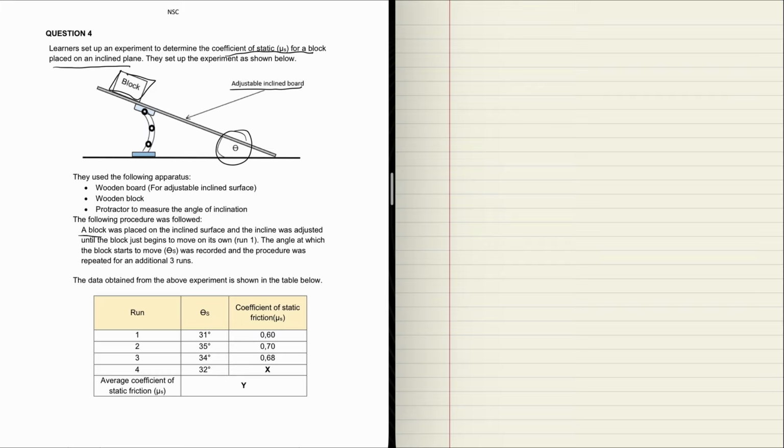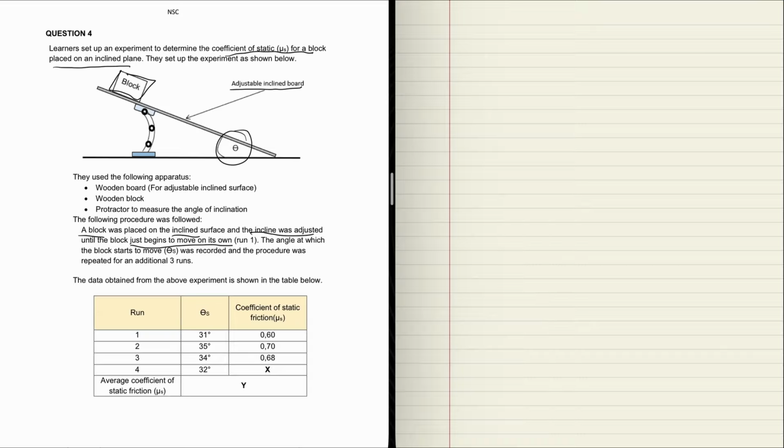They placed the block on the inclined surface, and the incline was adjusted until the block just begins to move on its own. That was run 1. The angle at which the block starts to move, theta s, was recorded, and the procedure was repeated for an additional 3 runs. The data obtained from the above experiment is shown in the table below.